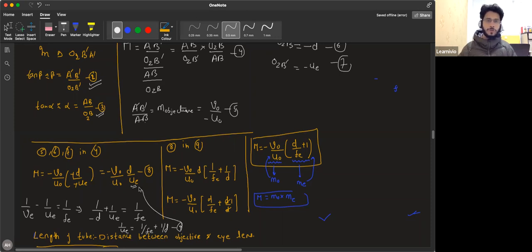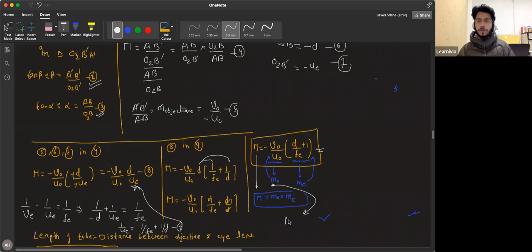So I can substitute this 9 here. Instead of 1 by UE, I can write 1 by FE plus 1 by D. So this D, I just substitute the value of 1 by UE. If you multiply it here, this is D by FE plus D by D. D by D is 1. So I get M is minus V naught by U naught, 1 plus D by FE. And see, this is capital M. This is the magnification or the magnifying power of the compound microscope. What is V naught by U naught? That is M naught. What is M naught?